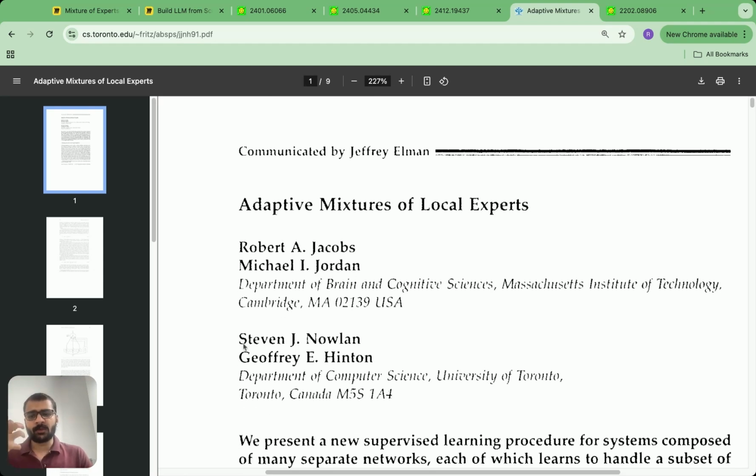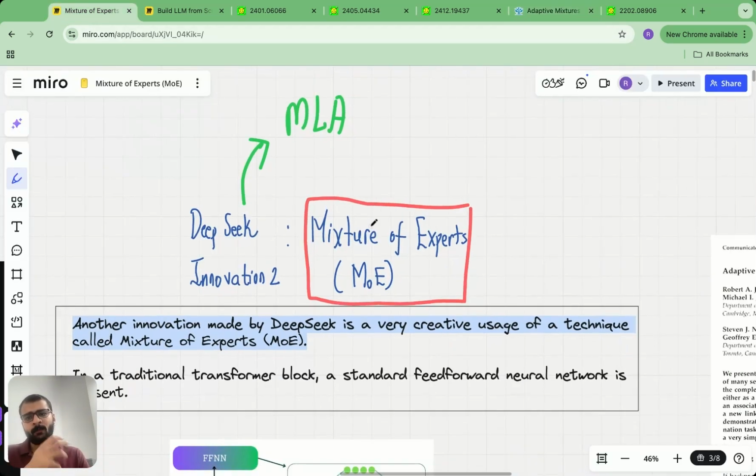One of the authors was Geoffrey Hinton, who is of course the pioneer in several machine learning domains, including backpropagation. So the idea of mixture of experts is not very new, and even mixture of experts was implemented in other language model architectures before DeepSeek did it.